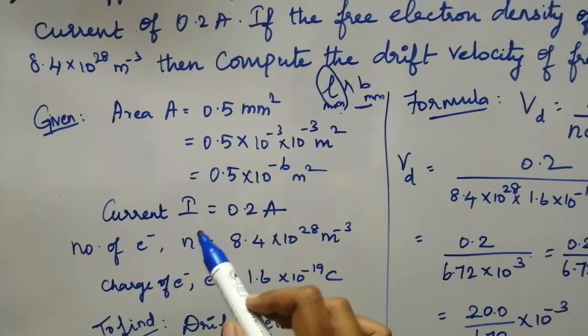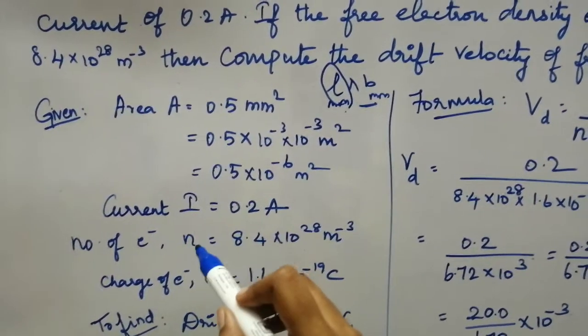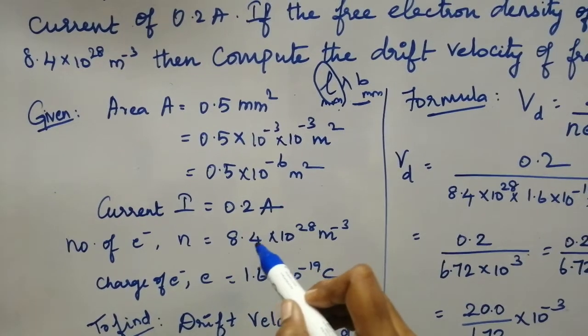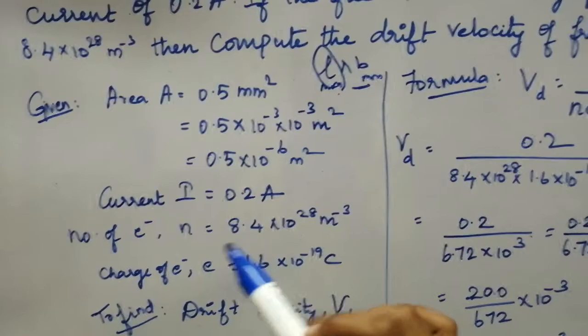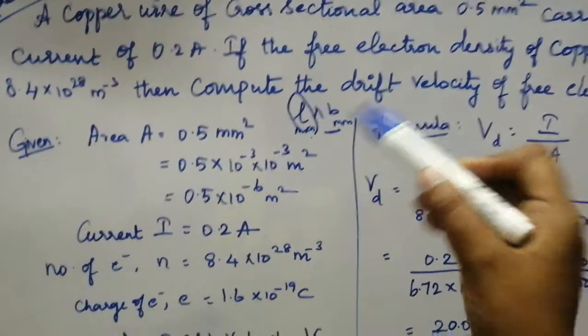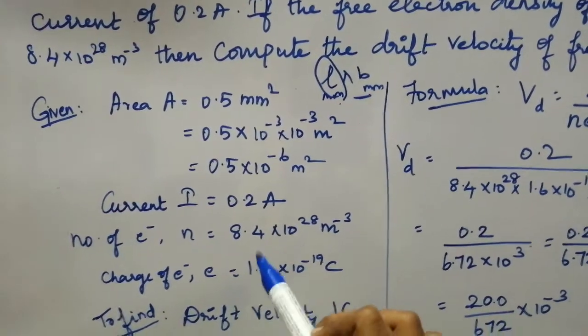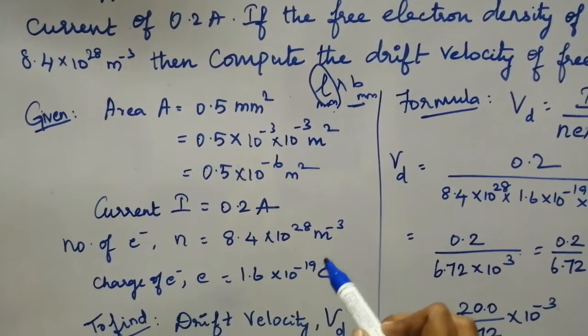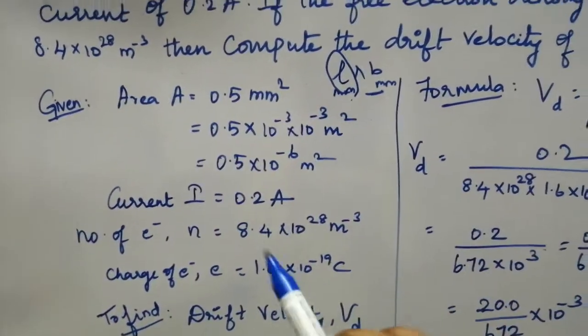Electron density is nothing but the number of electrons per unit volume, right? So, number of electrons N is equal to 8.4 into 10 to the power 28 per meter cube. And one more term, the charge of electron e is equal to 1.6 into 10 to the power minus 19 coulomb, which is known. All these terms are given there.